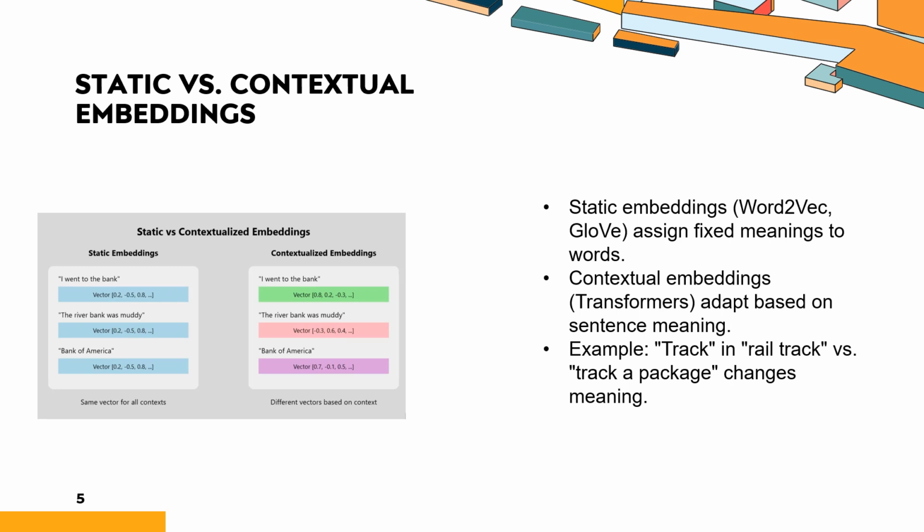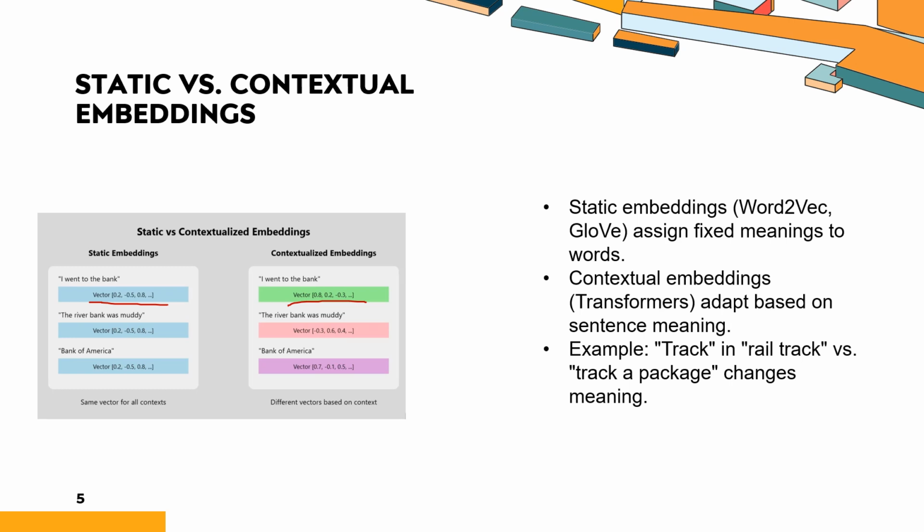On the right, with contextual embeddings, the meaning of bank is understood based on the sentence, leading to different vectors. You see? So now we don't have the same vectors as we have on the left, different vectors.